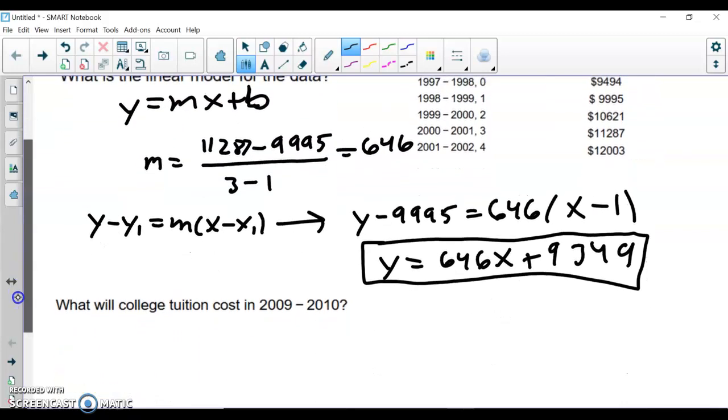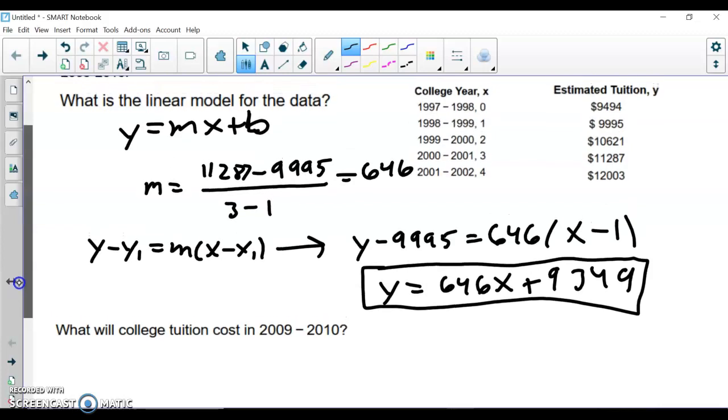It says, what will the cost of tuition be in 2009 to 2010 based on the model? If you remember, you can always subtract the year you're looking for from the base year.